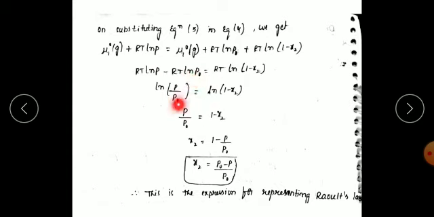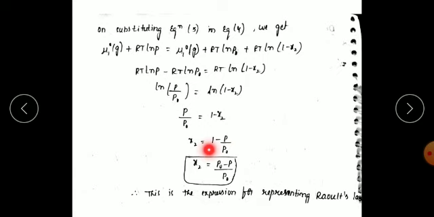Log A minus log B equals log A by B equals ln (1 minus X2). On cancellation of the log on both sides, we get P by P naught equals 1 minus X2. Therefore X2 equals 1 minus P by P naught.